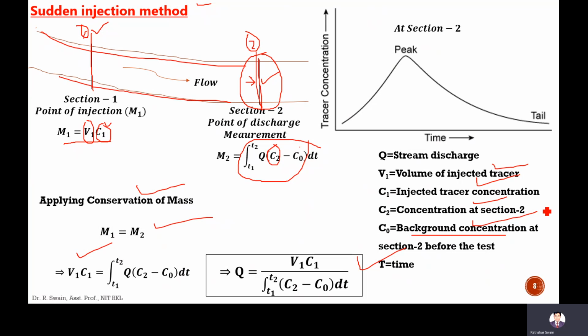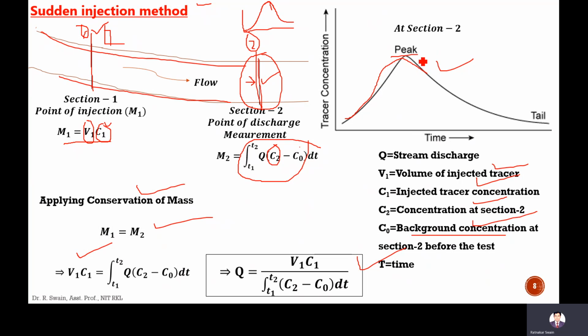This is the plot at section 2 only. Here a particular mass is injected. After dilution the concentration will increase gradually, reach a peak point, then decrease gradually like this.